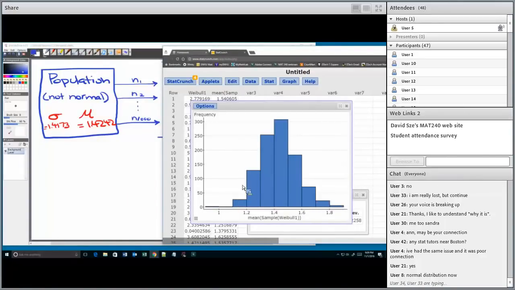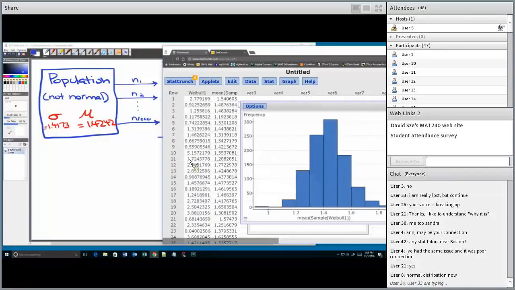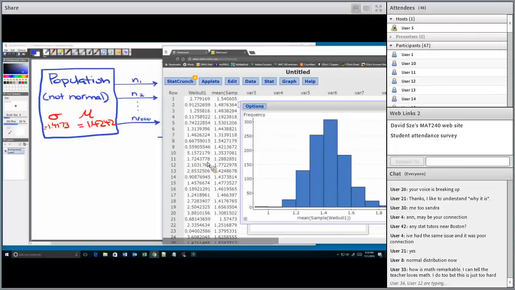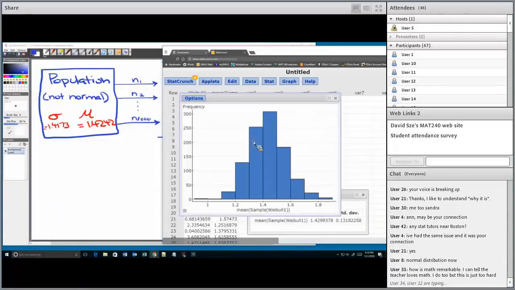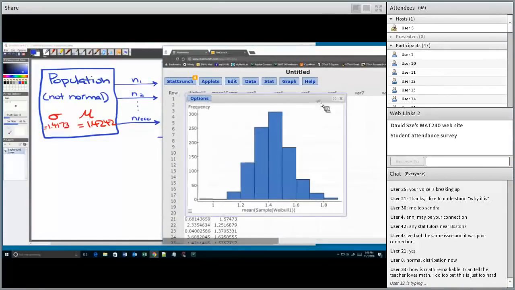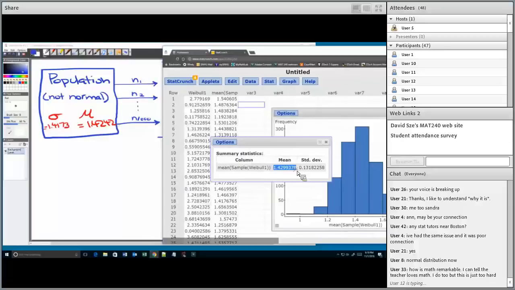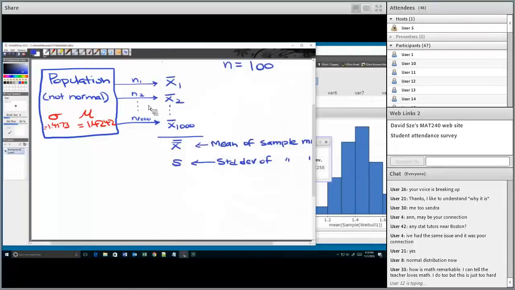No matter what your population is, whether it's normal or not normal, if you take many sample means of a given sample size and create a graph of them, you will get a bell-shaped curve. Now, here's a remarkable thing. Take a look at this result. This is the mean of the means. I took 1000 samples, calculated each sample mean, and then calculated an overall mean of all those means. I call it X bar bar because it's the mean of all the means.